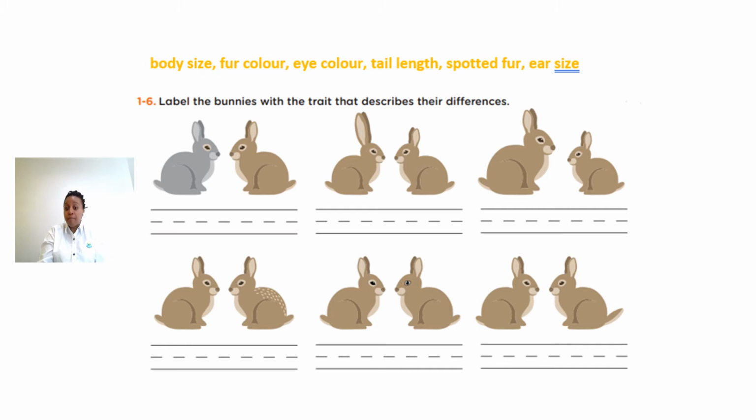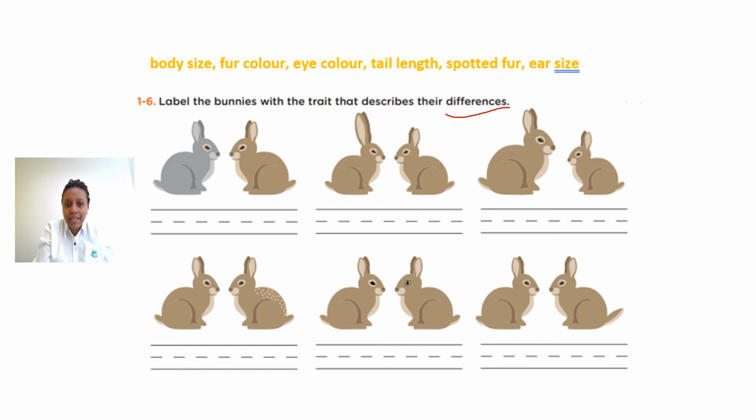So they all are furry, right? Okay. They all have two eyes. They all have two ears. Okay. Now we're gonna look at the differences. Okay. So the differences. So what doesn't look the same?